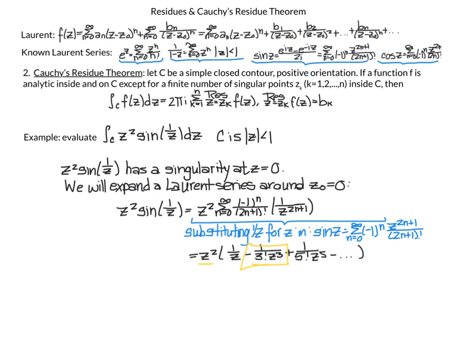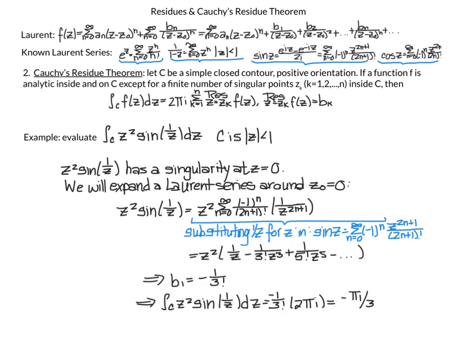In this case, z naught is 0. We're looking for the coefficient of the 1 over z term. In this case, it's going to be minus 1 over 3 factorial, which means now my integral is going to be minus 1 over 3 factorial times 2 pi i. So my integral is equal to negative pi i divided by 3.